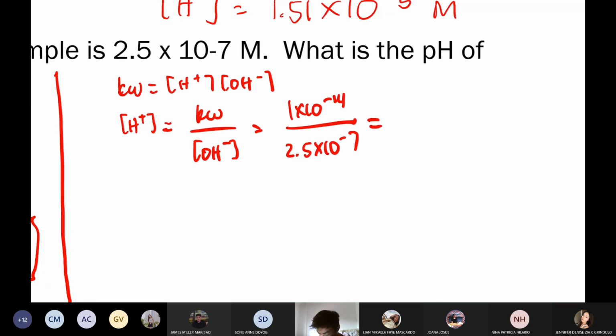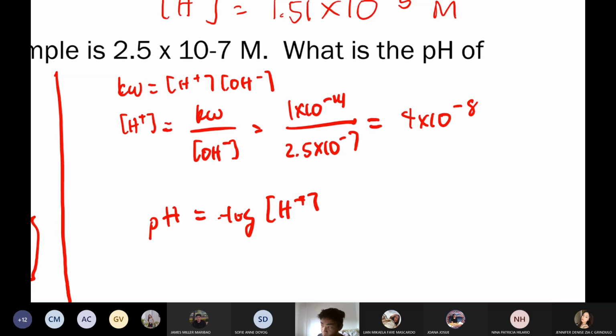We can now solve for the concentration of H plus. Okay, so that's equal to 4 times 10 raised to negative 8. Okay, so since we have the H plus already, we can now solve for the pH. That's negative log of the concentration of H plus.